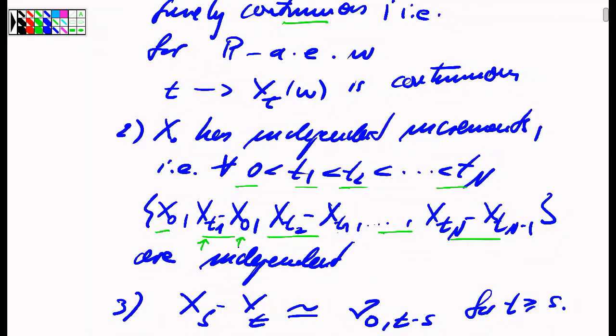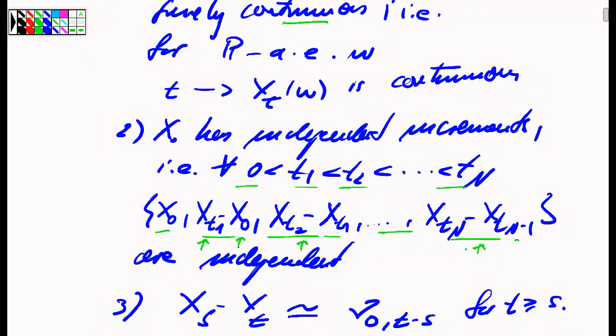That's the first increment. Then you consider the next increment that was observed in the process in the time interval from t1 to t2, and so forth, until you arrive at the change of position, if you like, relative to the time points tn minus 1 and tn. So that's a sequence of random variables, and what you want is that these random variables are independent.